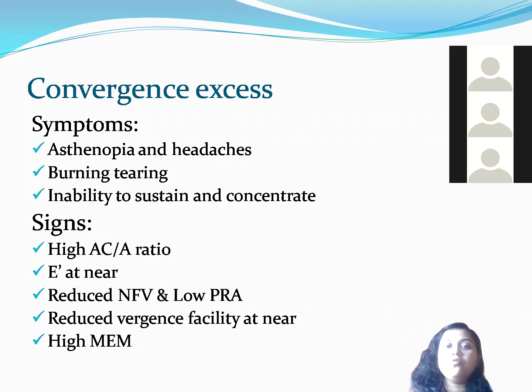After that only your accommodation will try to maintain the clear image. When the accommodative reserve gets exhausted, you will get a first sustained blur. That is the measurement of positive relative accommodation. So indirectly it is a measure of your negative fusional vergence. So in convergence excess, you will get a reduced NFV, and along with that you can get a low PRA value also. Is it clear to all of you? Yes. Any questions?